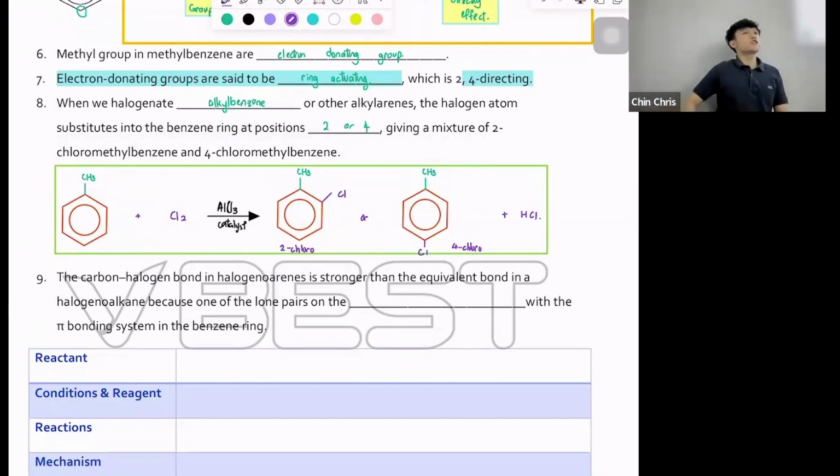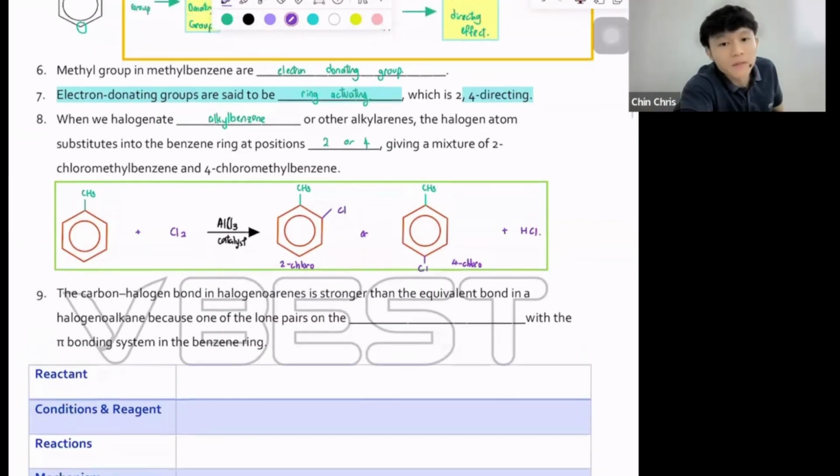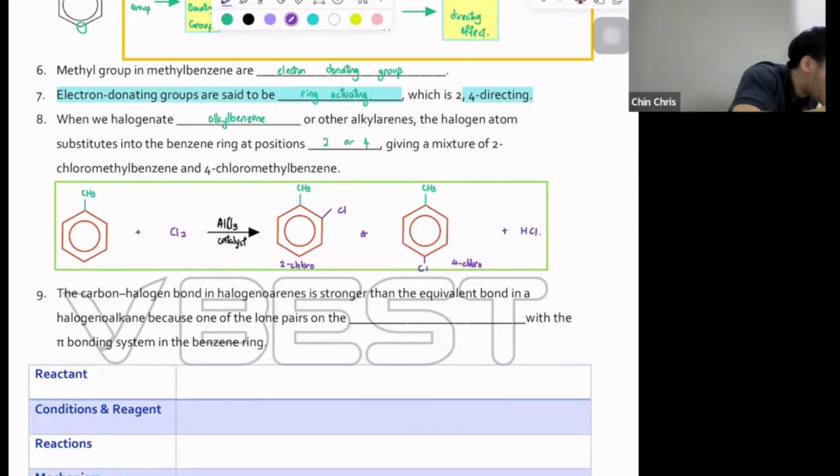You can have 2, 4, 6, but it's not for alkyl. Yeah, if it's phenol, then it will be a 2, 4, 6. Benzene what? Since when I wrote benzone, it's a benzene.